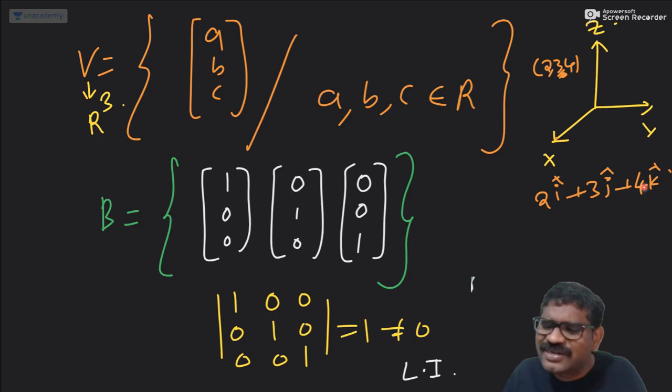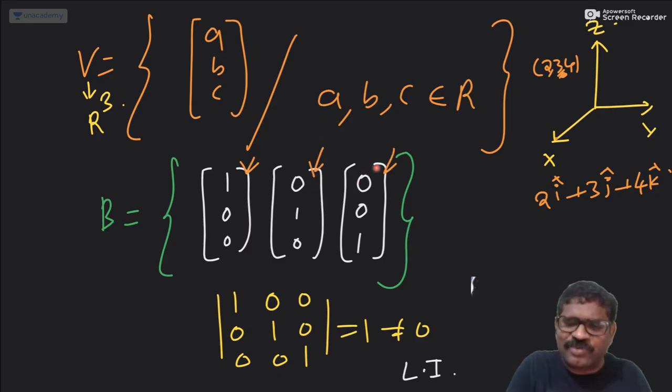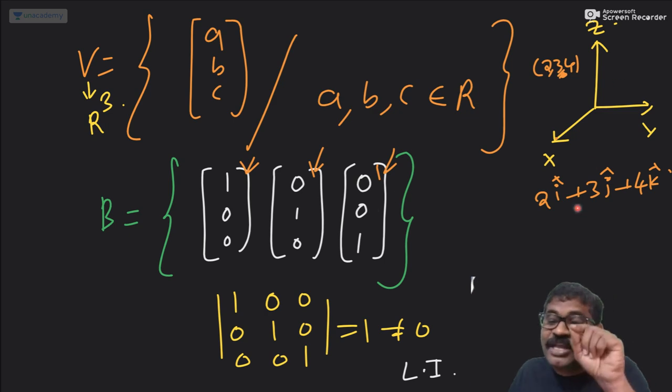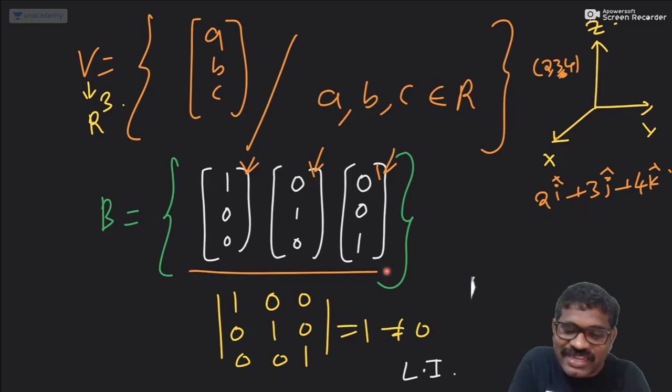Means what? i cap is 100, j cap is 010, k cap is 001. So 2 into 1 vector from your basis, 3 into 1 vector from your basis, 4 into 1 vector from your basis. So in this space, every member is possible to express as a combination of these three vectors.